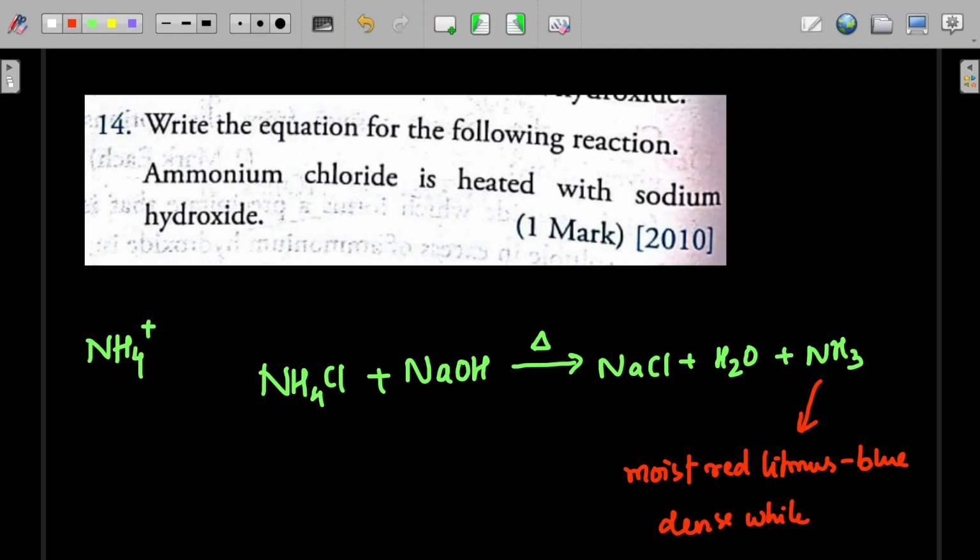So this is the observation we'll write, and this is the balanced equation they have asked: NaCl, H2O and NH3. This is how you will test the ammonium ion.